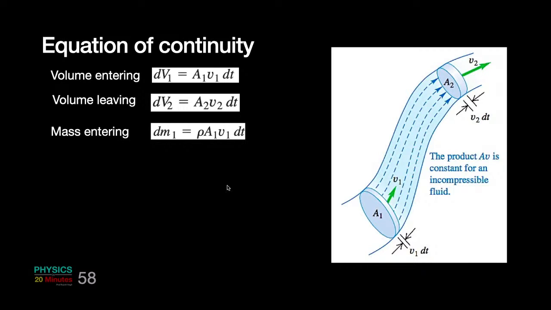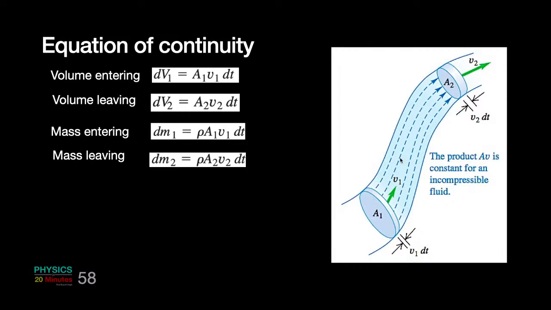So if rho is the density at entering, rho will remain the density while leaving, and therefore the mass leaving will be the mass of this cylindrical disc, which is density times the volume of that disc, A2 V2 dt. Now, suppose the fluid is flowing through this pipe at a very steady state.